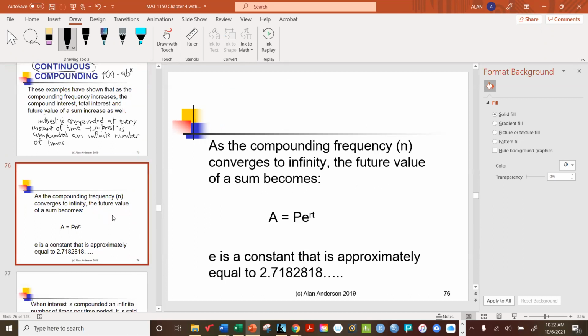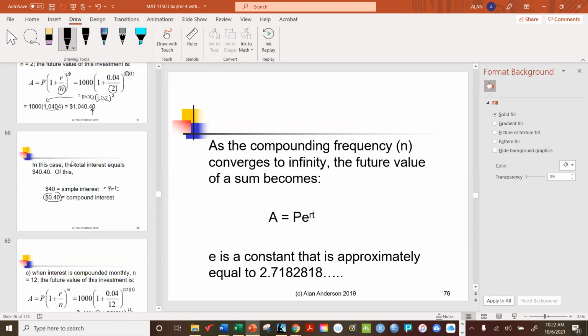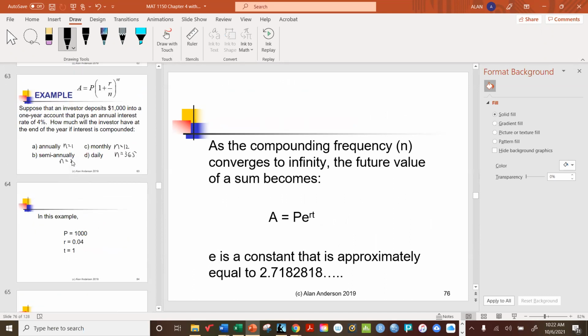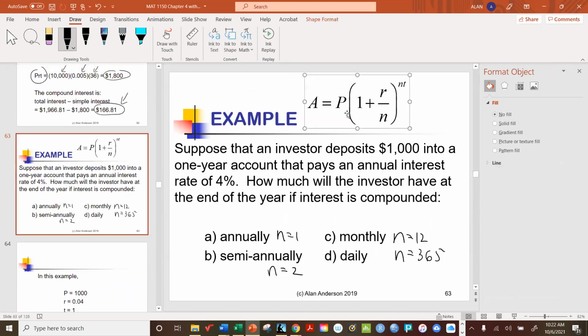So this is what we're going to use. So remember, the old formula was, let me go get it again. Here it is.